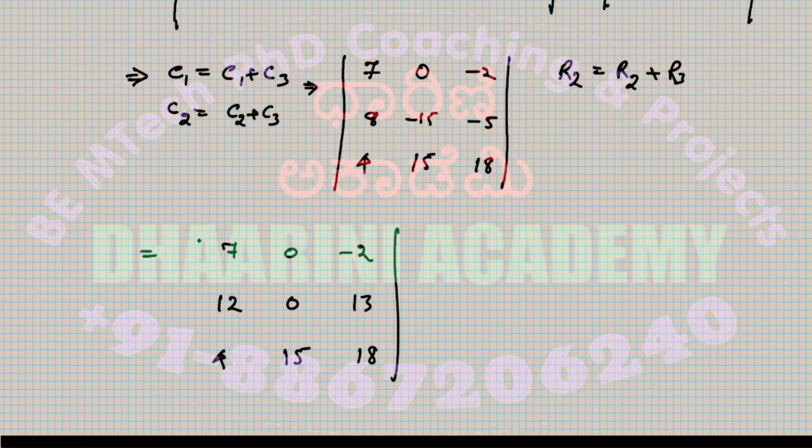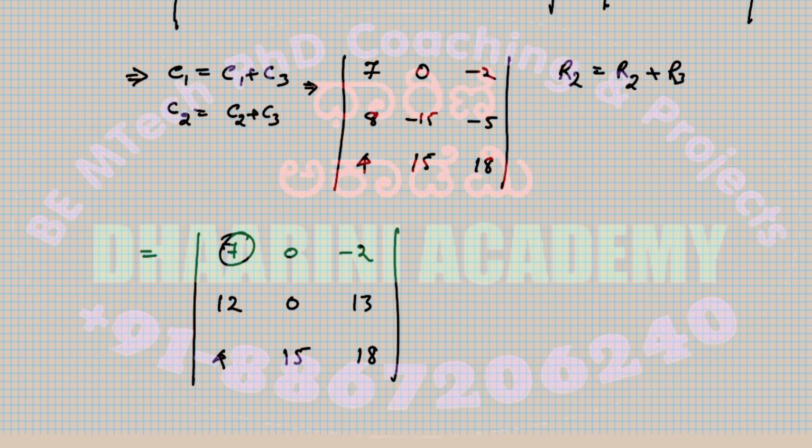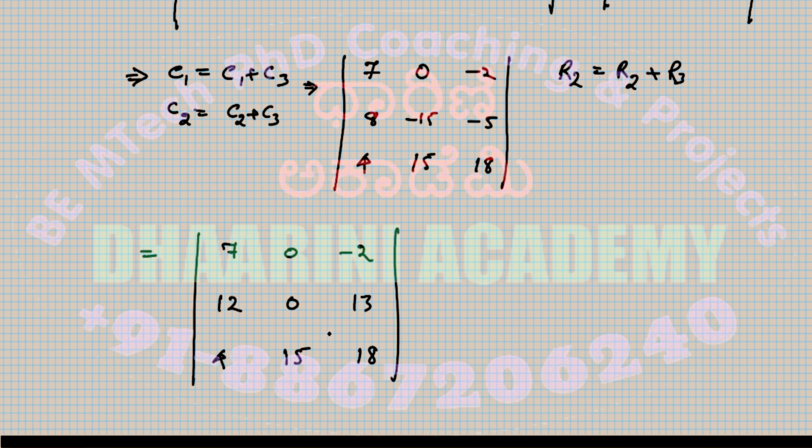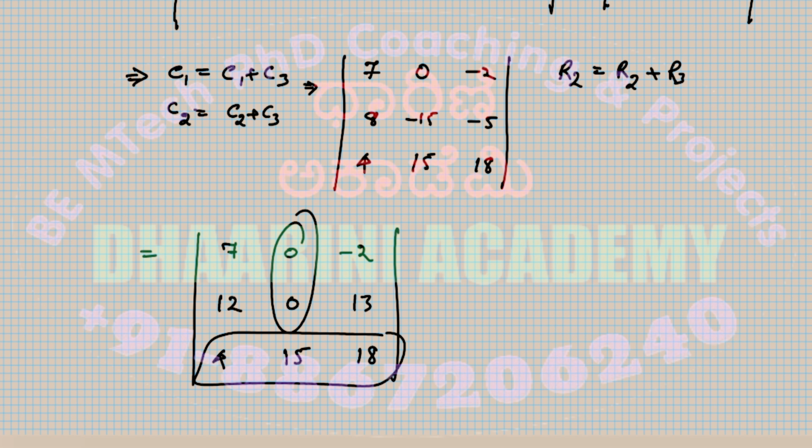Now we see we can expand this determinant. The idea is that instead of simplifying it with respect to the first row, I prefer doing it with respect to the second column, because two of the entries will become 0.